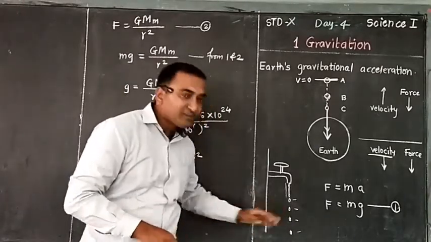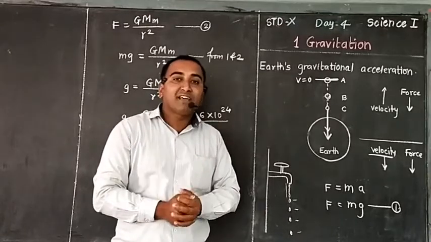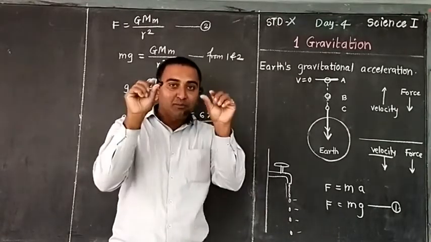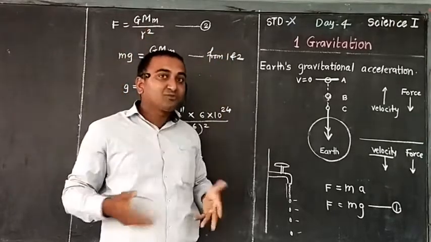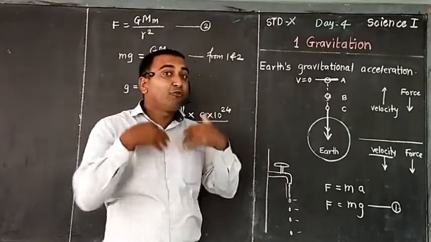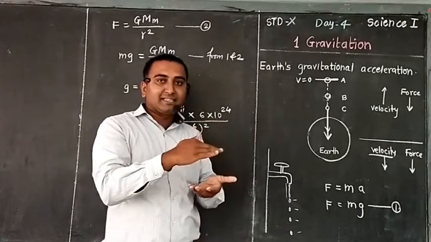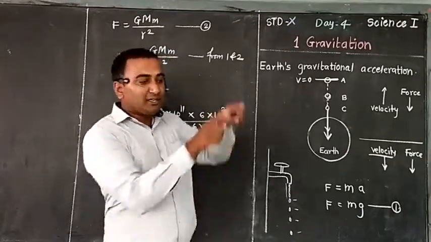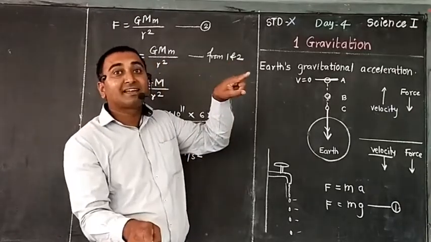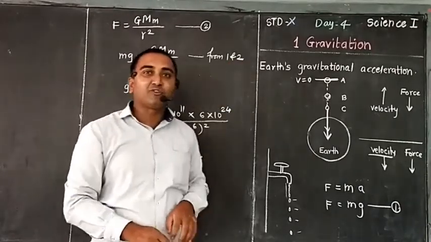What is true with this? That is true with rainfall. Why do we get rainfall in the form of drops only? Because as the water is coming towards the earth, the distance decreases, force increases, and velocity increases. So between two drops we have a gap, and so we get rainfall in the form of droplets.